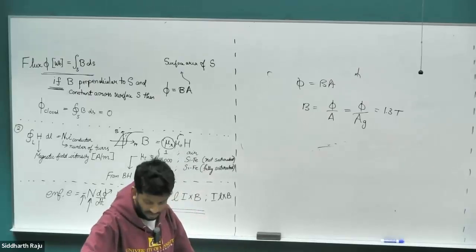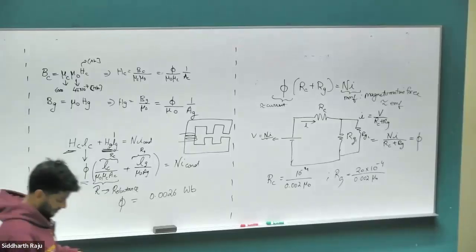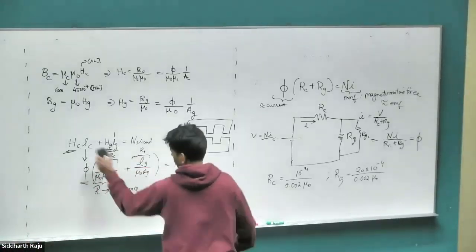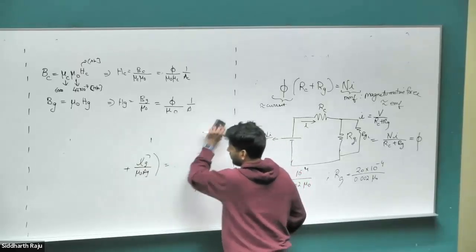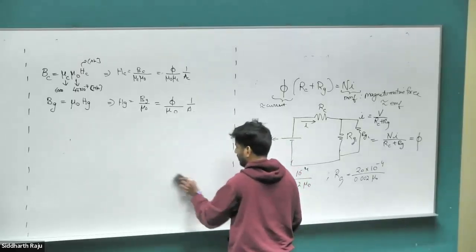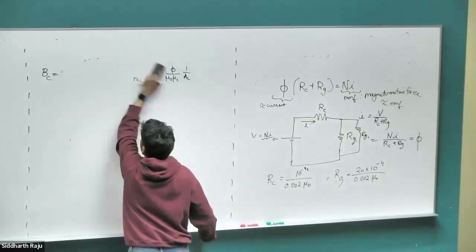So let's try and complicate this problem a little bit further. For now, we consider a very simple network with just a single air gap and single set of circuits.